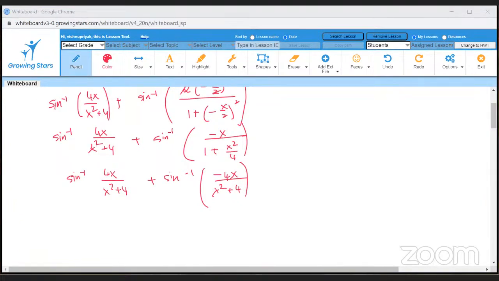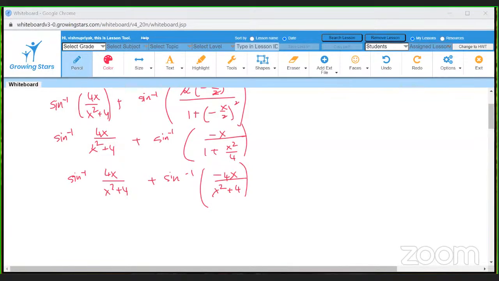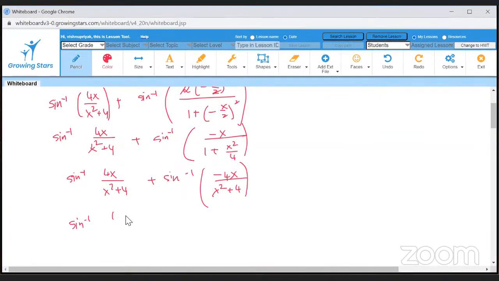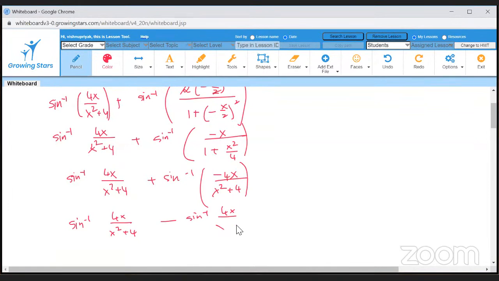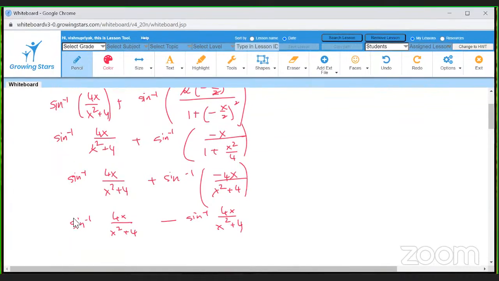So you have to write this as minus sine inverse x, the second part. So you will write sine inverse 4x by x squared plus 4 minus sine inverse 4x by x squared plus 4. So these two terms are cancelling and you are getting 0.